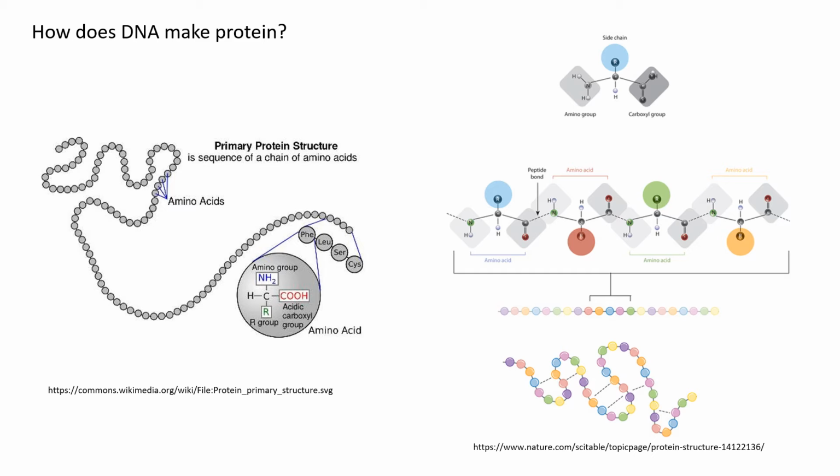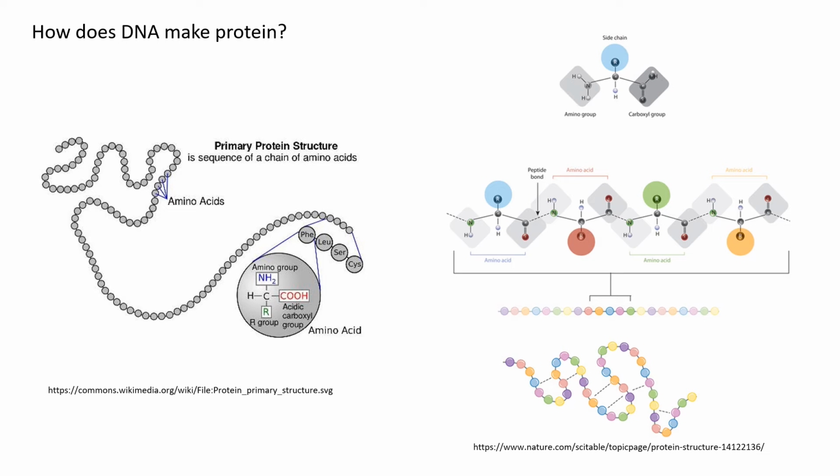In living cells, in us, for example, there are 20 different amino acids which are used to make proteins. And those amino acids are linked to each other in a long chain. Think of it as sort of beads on a string, sort of like a pearl necklace.